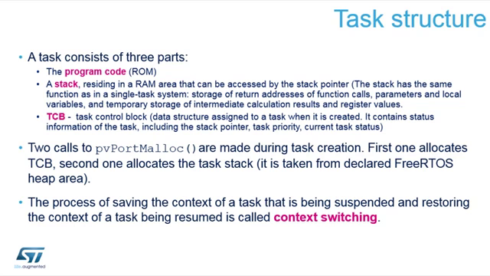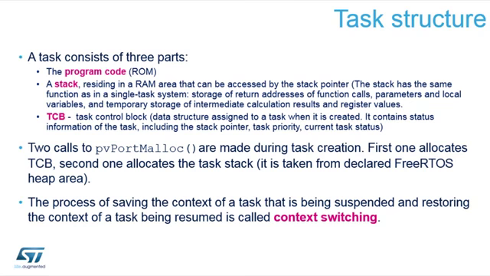When you create a task, pvPortMalloc is called, and it creates in the FreeRTOS heap the space for the stack and for the TCB. So the first creates the TCB, the second allocates the task stack, and both values are saved in the TCB itself.